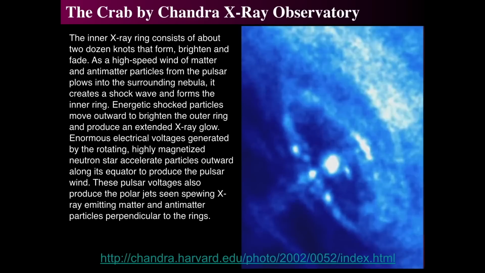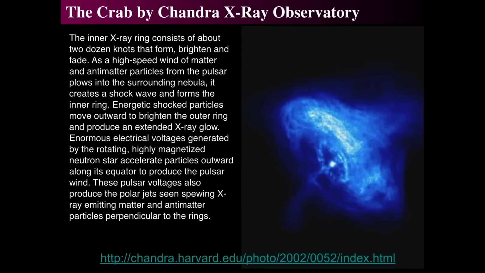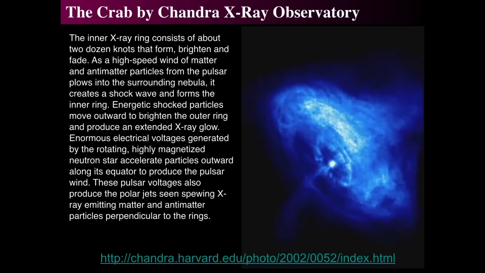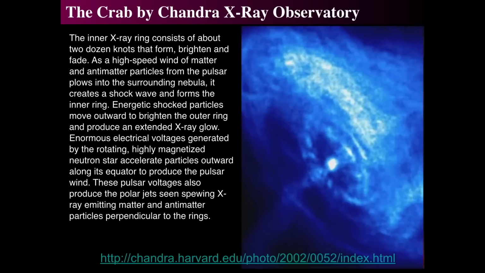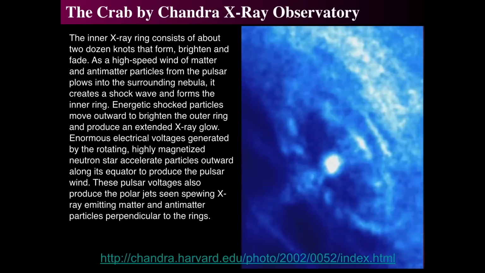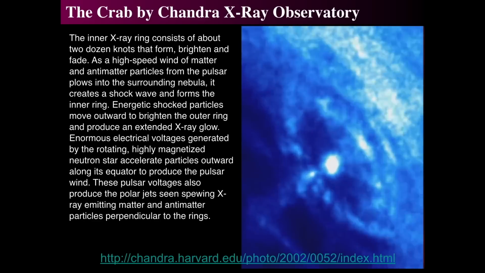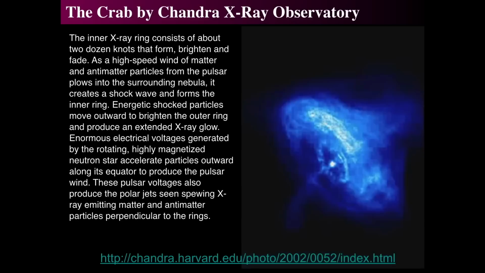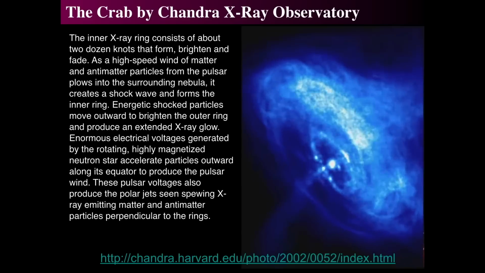So just zooming in, we can see the waves of material moving away from the neutron star and along the jet. So material is coming out of that neutron star from the surface of it. The equatorial region, where the pulsar's magnetic field is approaching the speed of light, flings material out at nearly the speed of light, and it slams into the materials on the side, emitting huge amounts of X-rays.